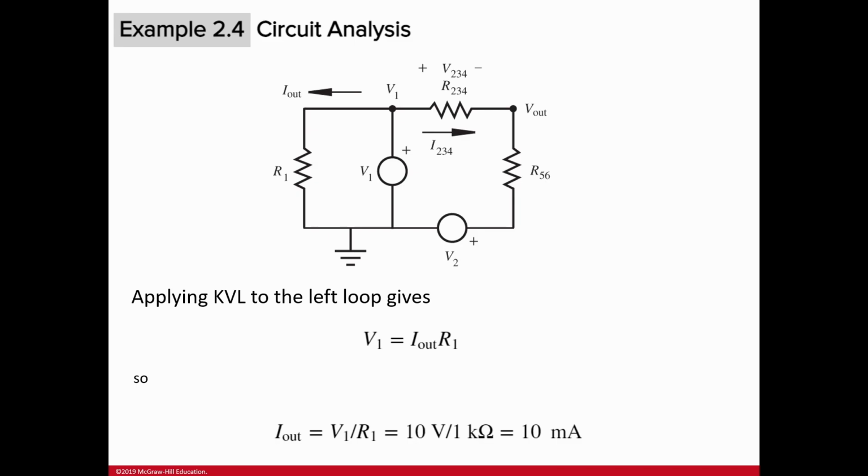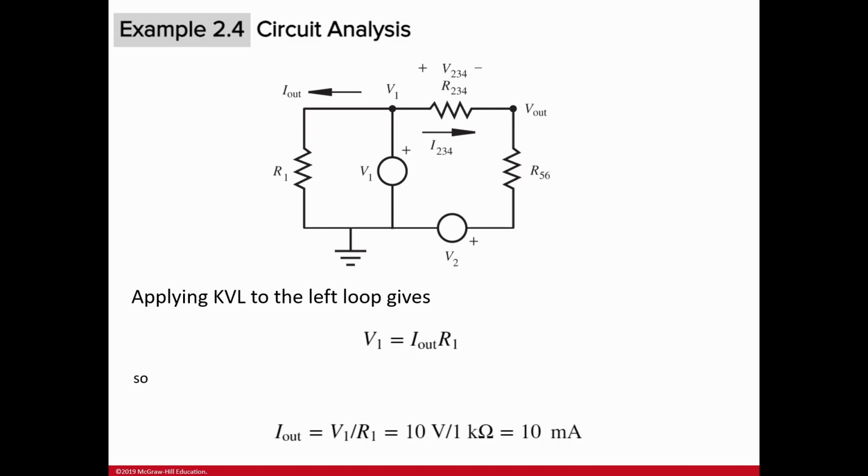So it's 10 divided by 1 kilo ohm, which is 10 milliamp. Since we need to calculate V out, V out is related to the voltage division of these two resistors. We need I1 and I1 minus I2.